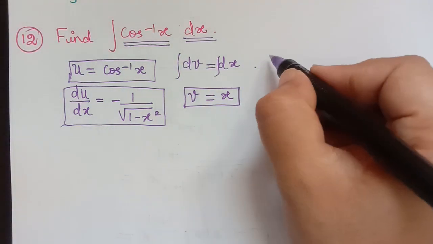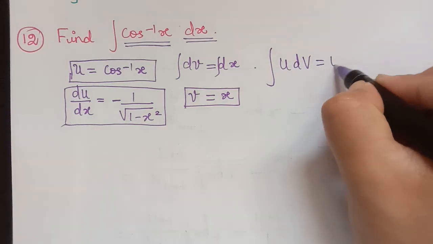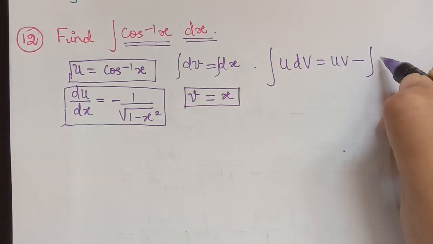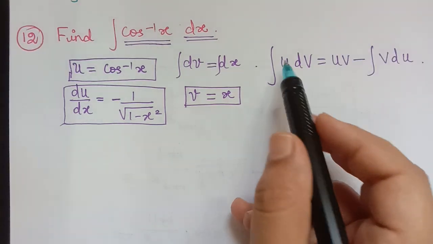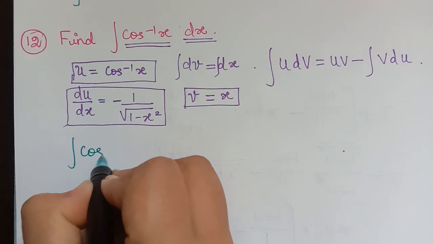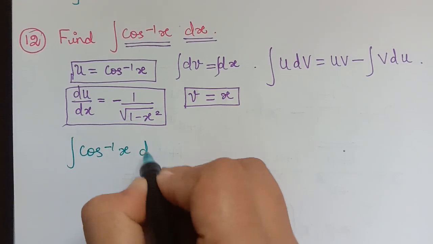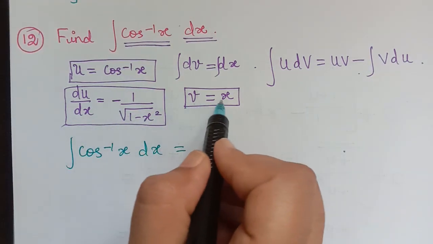Now we have to substitute this in the formula. Integral u dv is equal to uv minus integral v du. So let us do that now. So integral u dv is the question. So integral cos inverse of x dx is equal to uv. U is cos inverse of x and v is x.